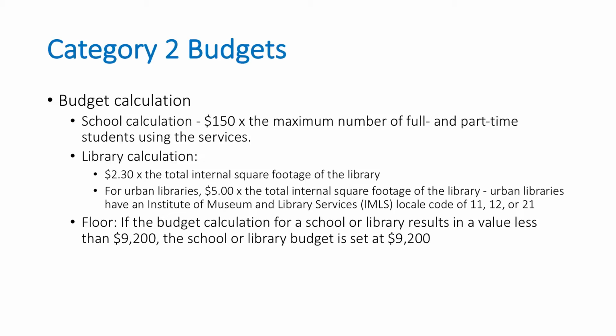Now, the one caveat I'll add here is there is an allowance. Let's say, for example, you have a middle school building that is shared by some high school students, that may be adjacent to that middle school. Those high school students that come over to that middle school to use that building can be counted as part of the student population for the middle school. That is the design of that.